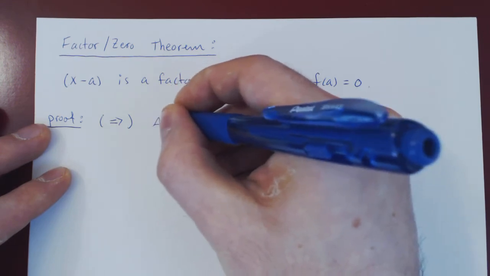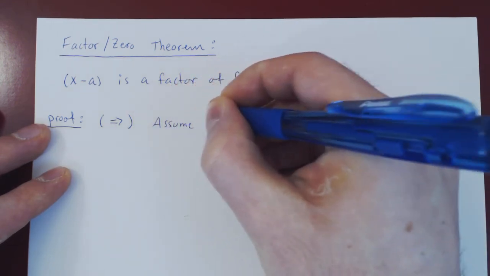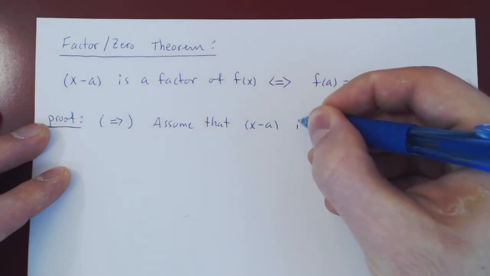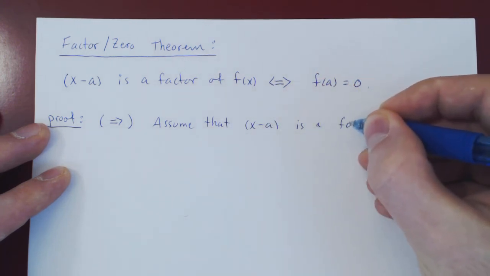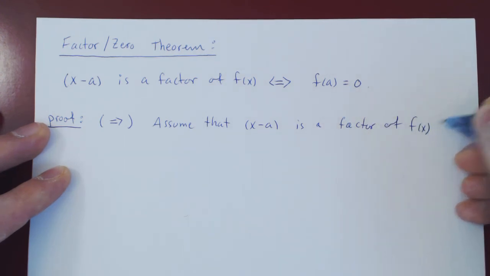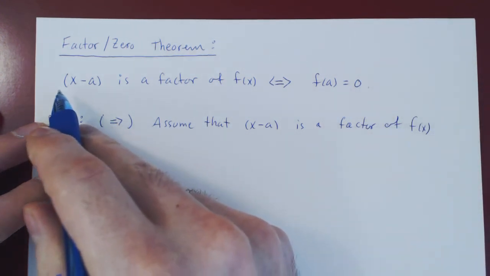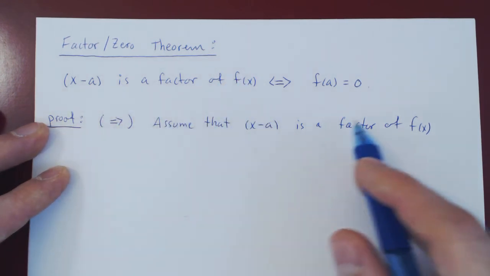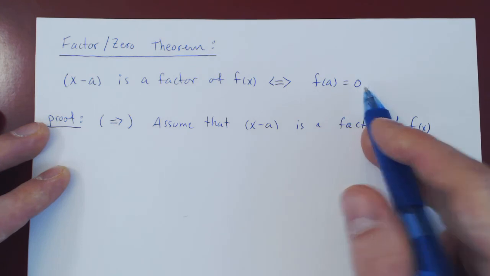So we assume that x minus a is a factor of f of x. That is our assumption. X minus a is a factor of f of x. Our goal is to prove that because of this, f of a must be equal to 0.